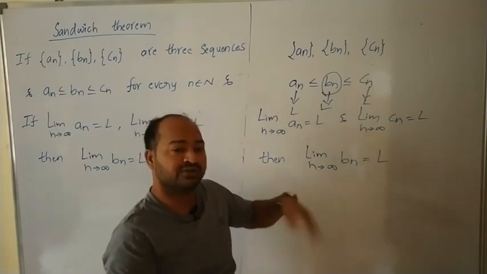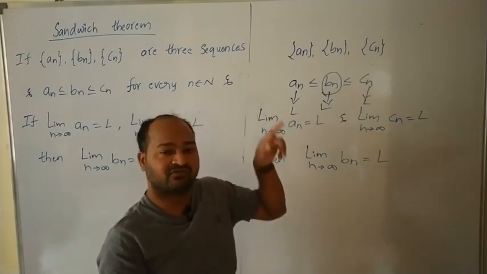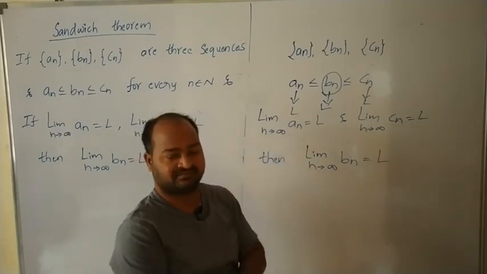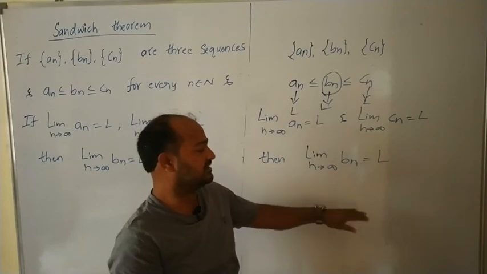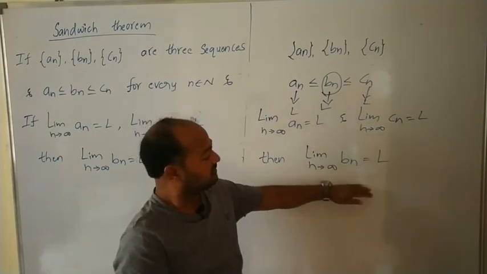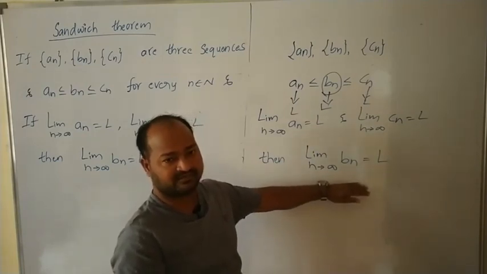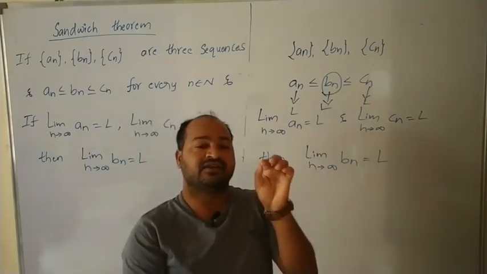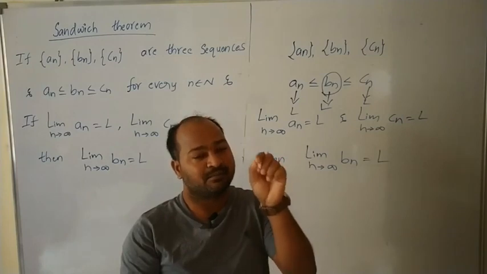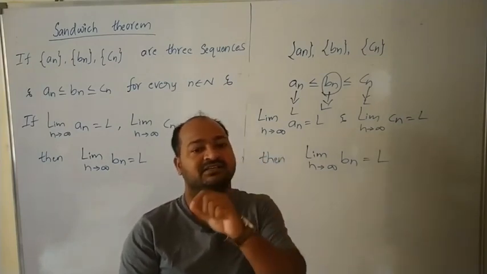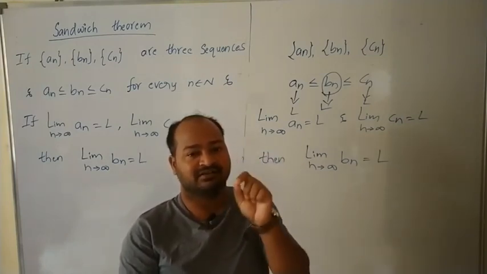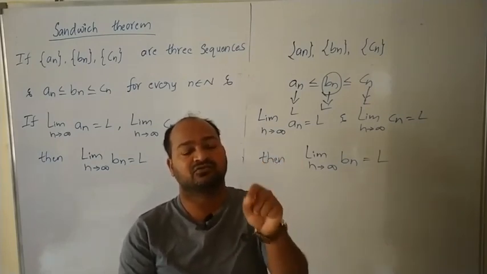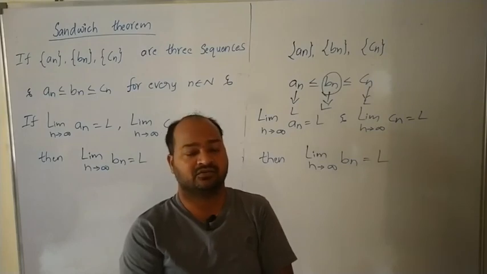So by using sandwich theorem we can find the limit of such sequences very easily. Sandwich theorem is nothing but if a sequence lies between two convergent sequences with the same limit, then the sequence also must converge to the same limit. Okay, clear?